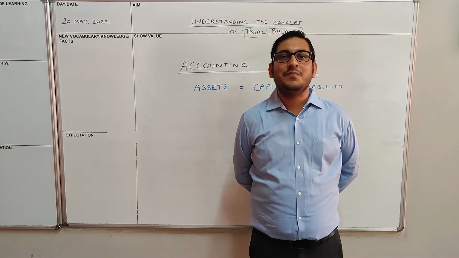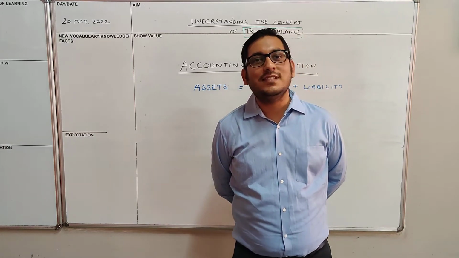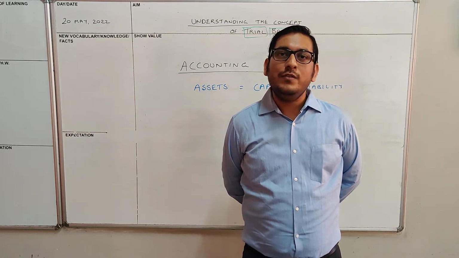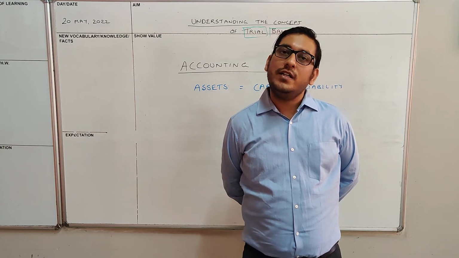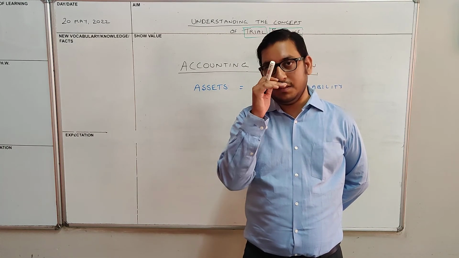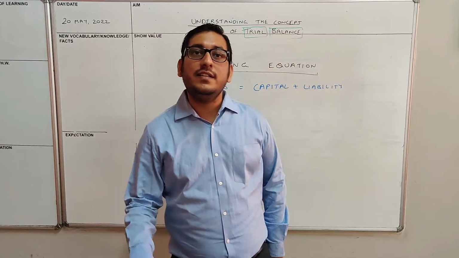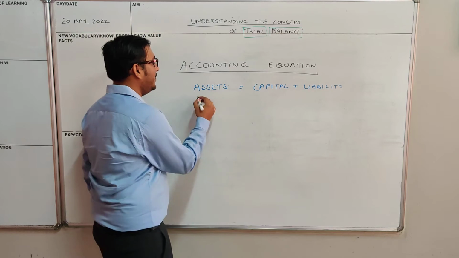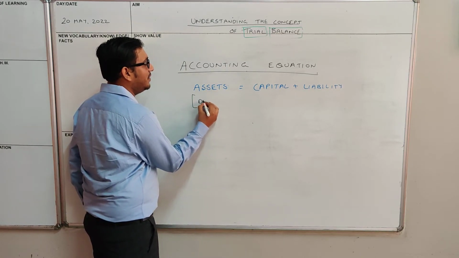So student, you have understood the whole concept of trial balance. Now we have derived an equation from the trial balance itself. We understand that debit will always equal credit. We already know every asset has a debit balance.